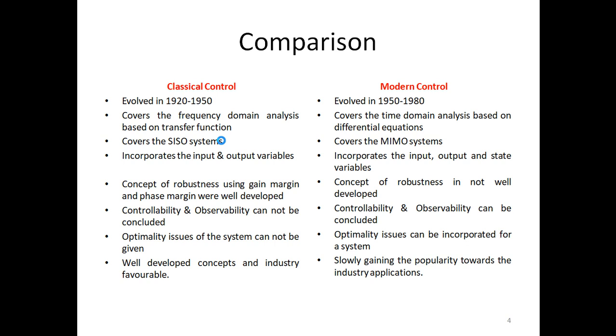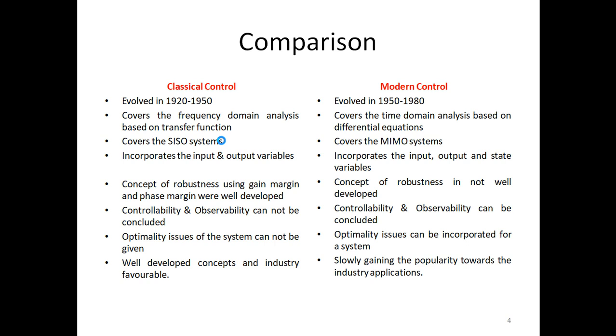Conventional control systems cover frequency domain analysis, which is based on the transfer function, while modern control theory is based on differential equations, and time domain analysis is the mode of analysis.